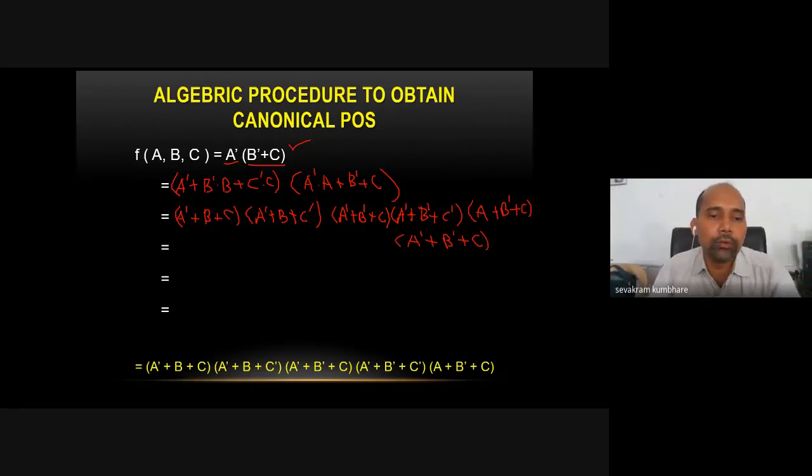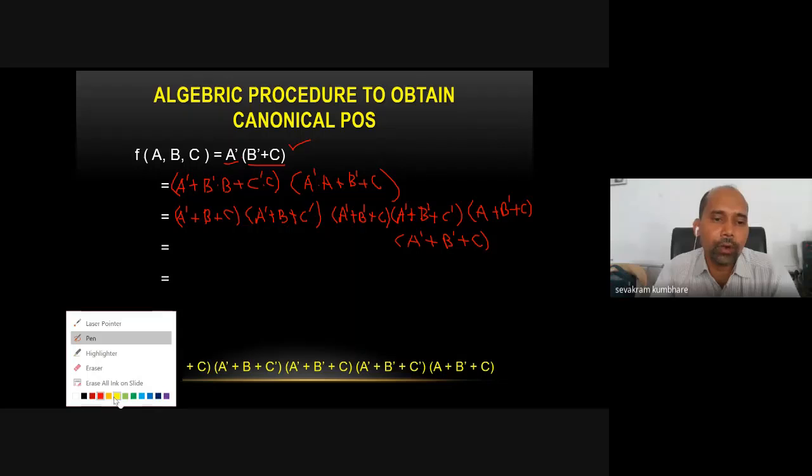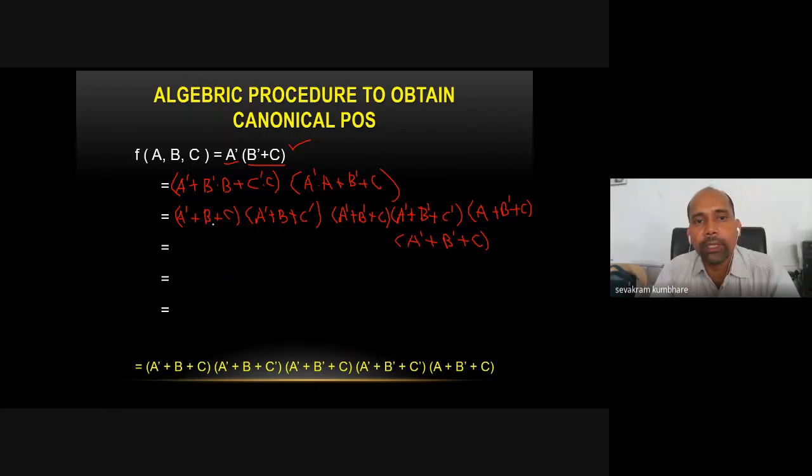I have to find out which is redundant term or common term. So A bar B plus C is there, and it's not repeated. So this is the unique term.